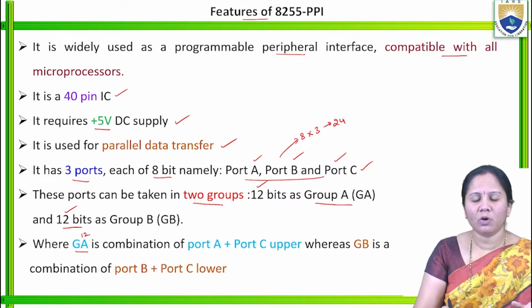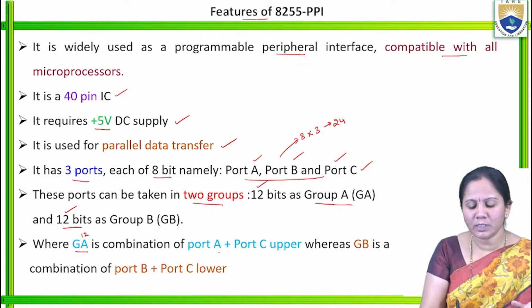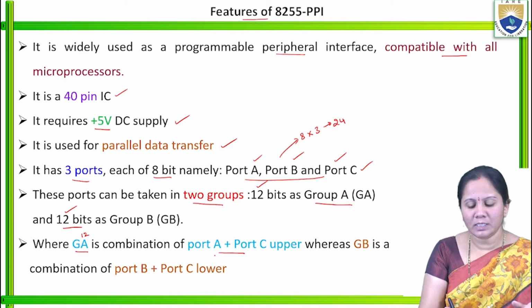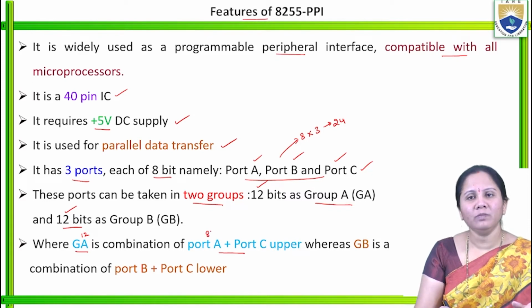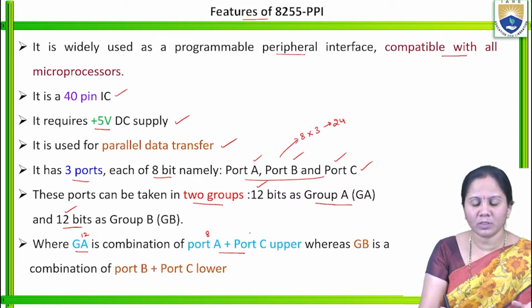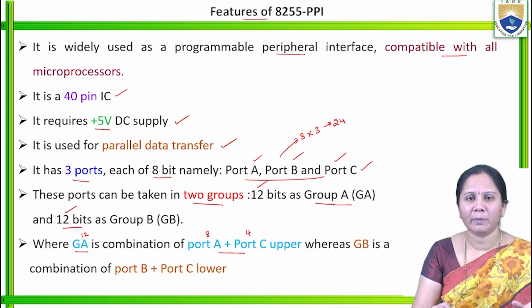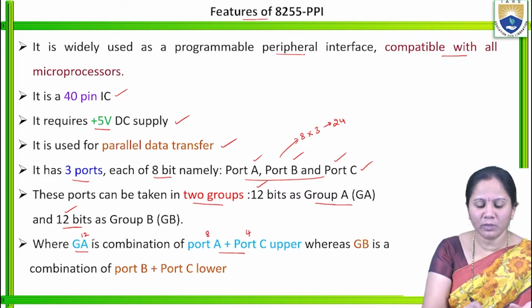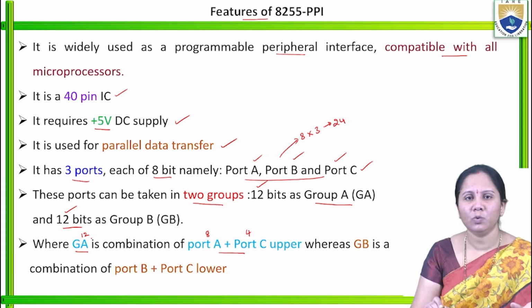Group A means 12 bits. These 12 bits are the combination of port A, which is 8 bits, along with the port C upper bits. Port C is also 8 bits, but group A takes only the upper bits. So 8 plus 4, this is group A consisting of 12 bits.